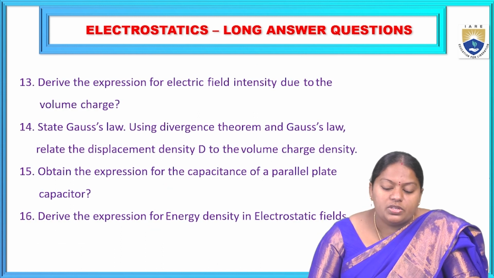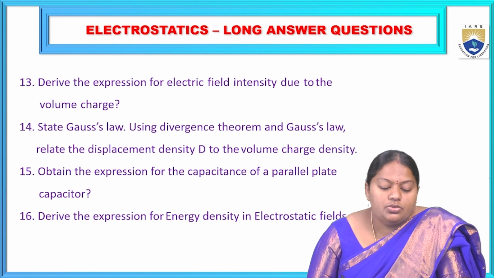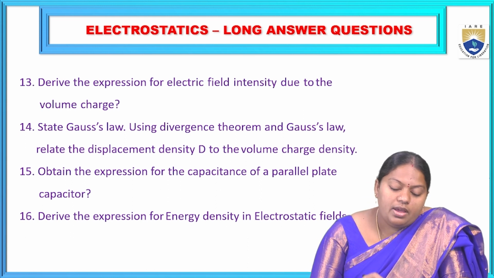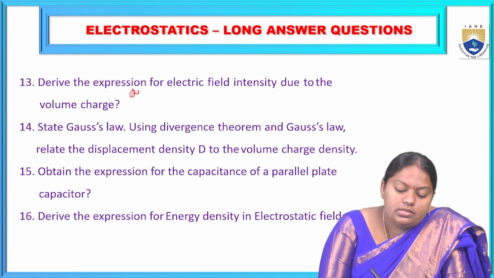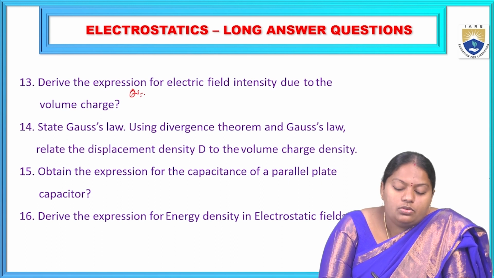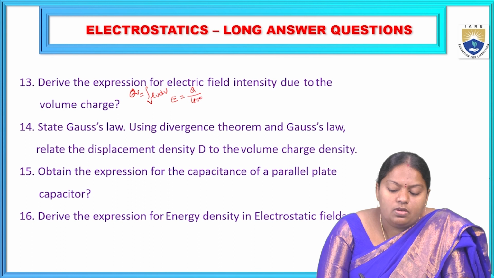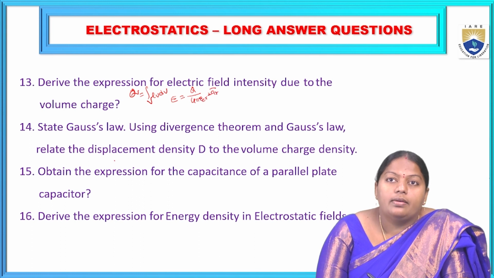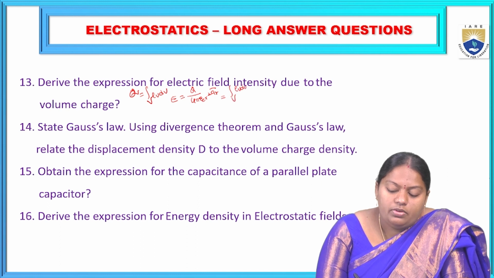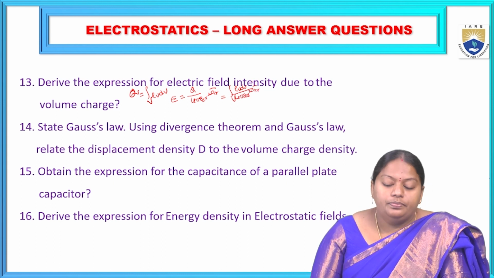Next, derive the expression for the electric field intensity due to the volume charge. As we evaluated in the previous case, similarly here also, first we need to define Q, that is Q equals integral over V of rho V dV. Why? Because it is related to volume charge, so Q must be given like this. And E can be expressed as Q by 4 pi epsilon naught R square into aR. If we substitute Q, then E equals integral over V of rho V dV by 4 pi epsilon naught R square into aR.